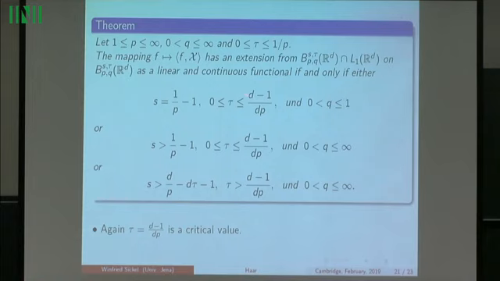Again, the limiting case is this quantity which has been shown before, and then we have s equals 1 over p minus 1, in case of tau equal to 0 and q less than or equal to 1, or s strictly larger than this quantity, and then all q are admissible. And there is a new case when tau is large, then we get a weaker restriction. This quantity here is smaller than 1 over p minus 1.